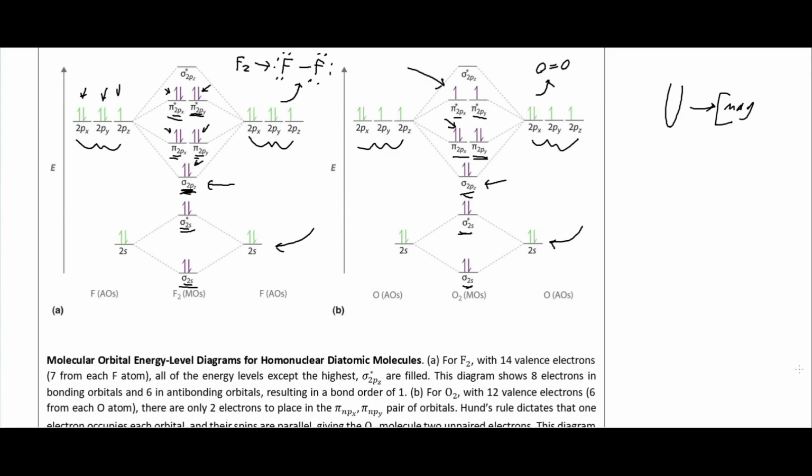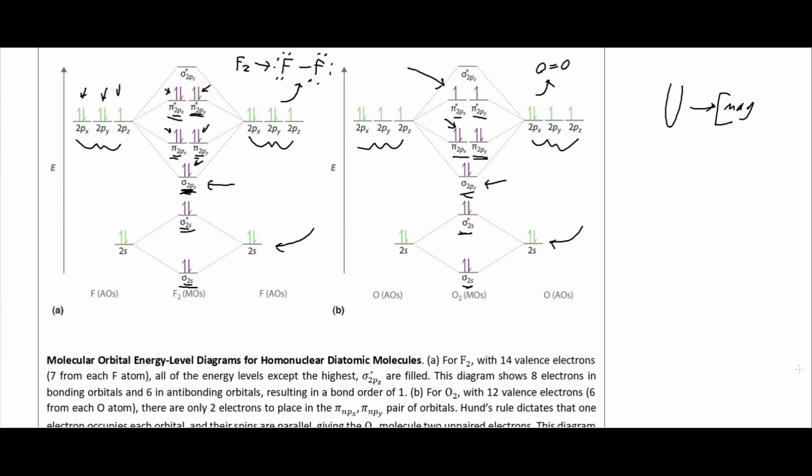In the next video, I'm going to talk about the homonuclear diatomics: things like lithium-2, beryllium-2, carbon-2, nitrogen-2, oxygen-2, fluorine-2, and neon-2. You'll see why the noble gases like neon don't actually form bonds, and you can see that in molecular orbital theory.